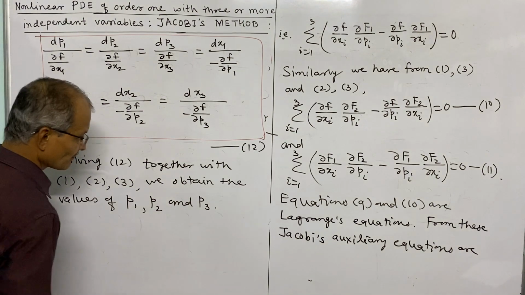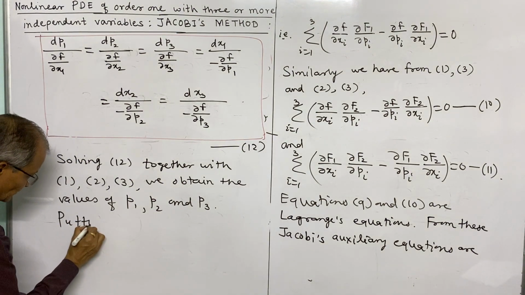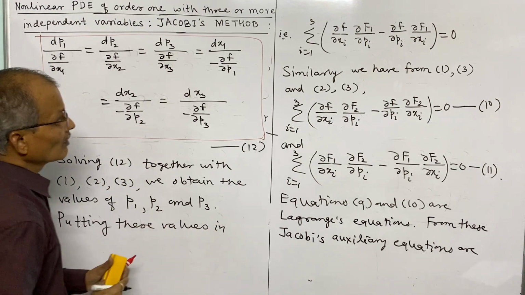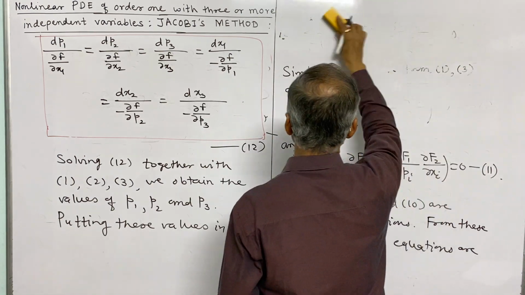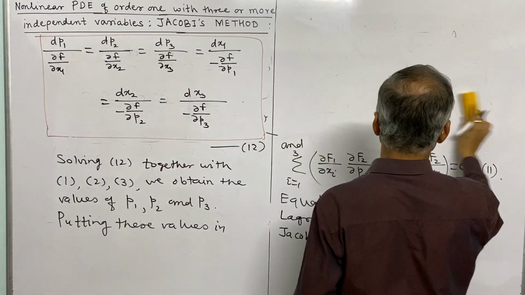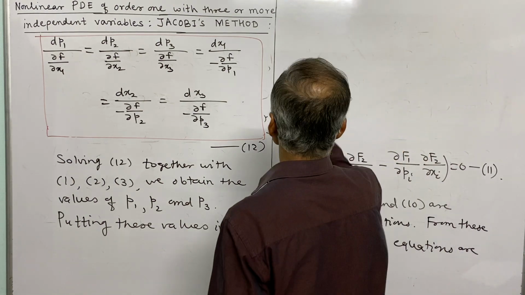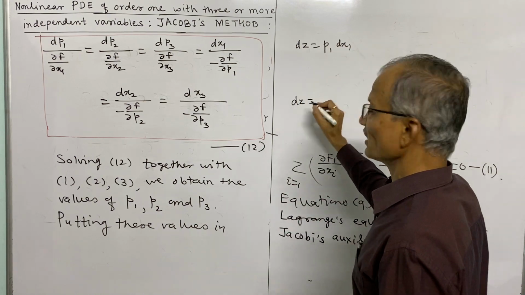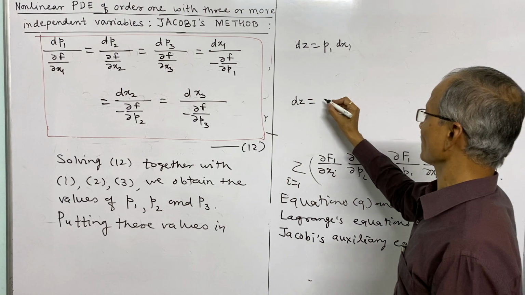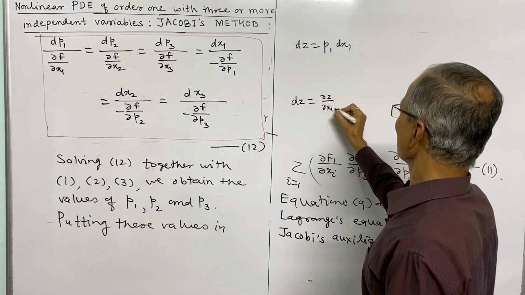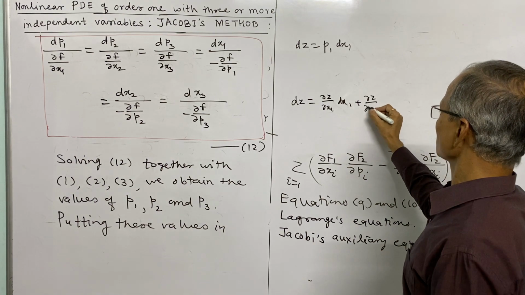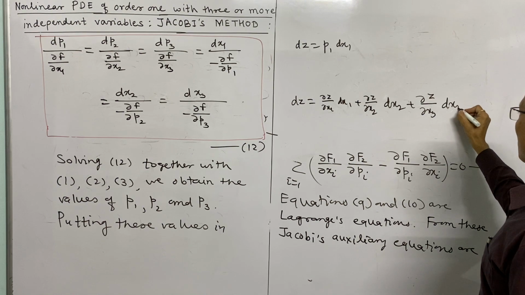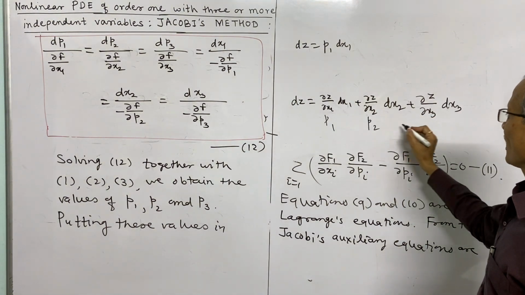Then putting these values in the differential of z, that is dz. What is dz? Z is the function of three independent variables, and therefore it will be dou z by dou x1 dx1 plus dou z by dou x2 dx2 and plus dou z by dou x3 dx3. But what is this? This is P1, this is P2 and this is P3.